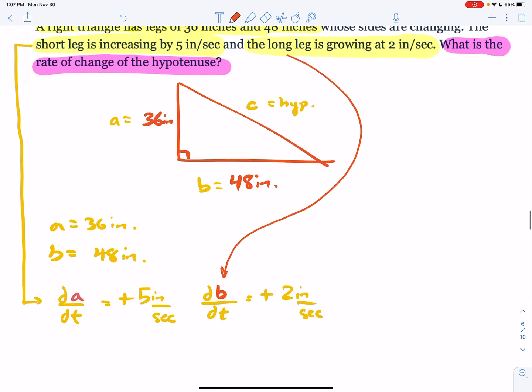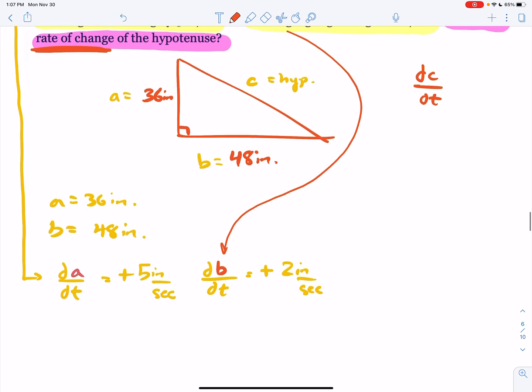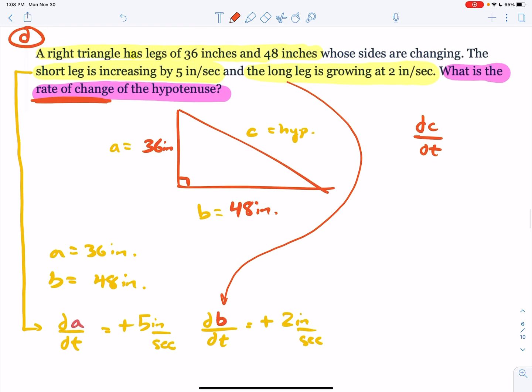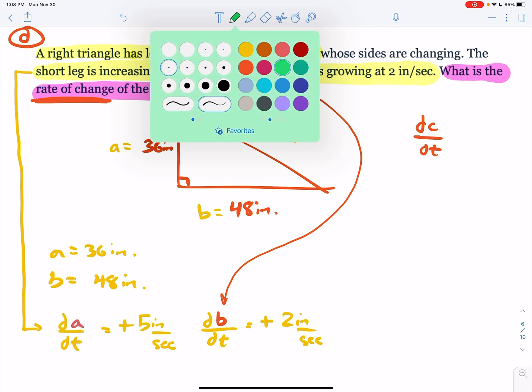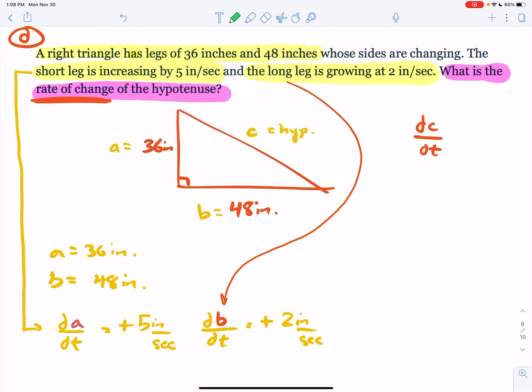Now they're asking, what is the rate of change? Remember, rate of change is the derivative of the hypotenuse. They're really asking us to find what dC over dt is, because rate of change is d over dt and hypotenuse is C.